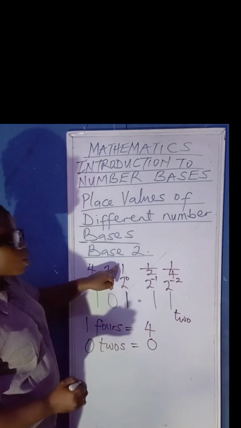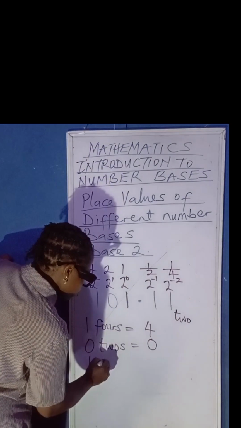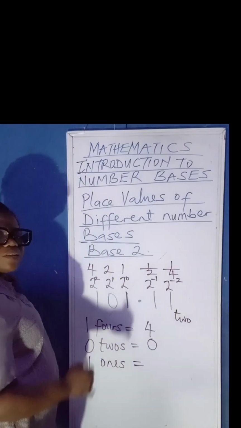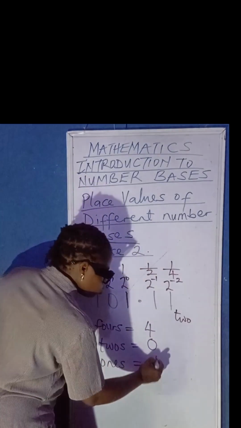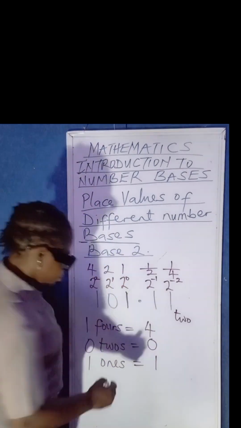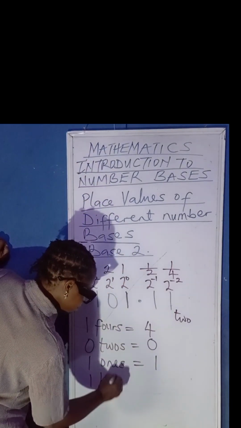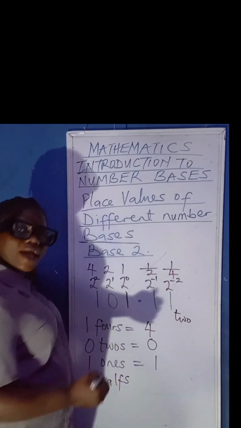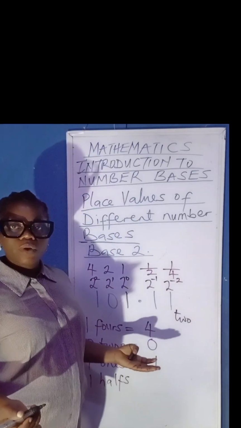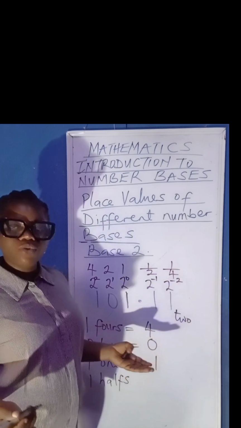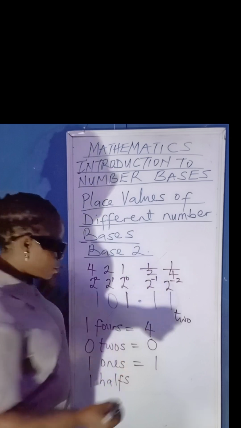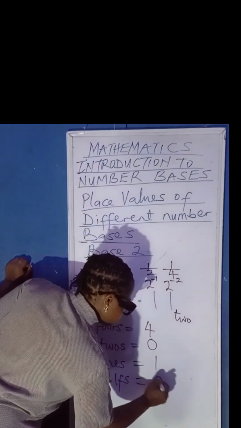This is 1 one, or 1 unit. 1 one means 1 times 1, which is 1. This is 1 half. 1 half is just 1 times half, which is half. Half is 1 over 2. Half is also 0.5. So I go with the decimal, which is 0.5.